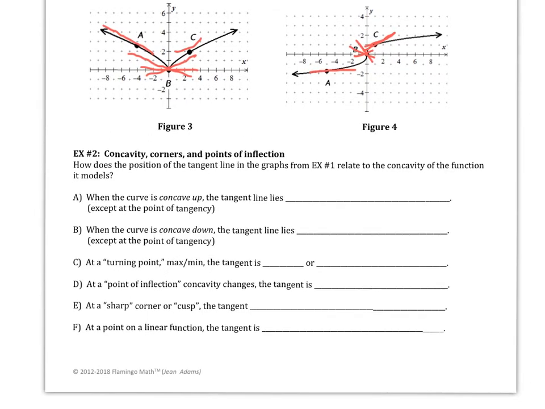Okay, when the curve is concave down, the tangent line lies above the curve.